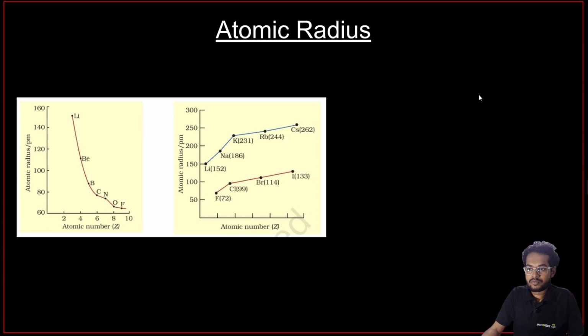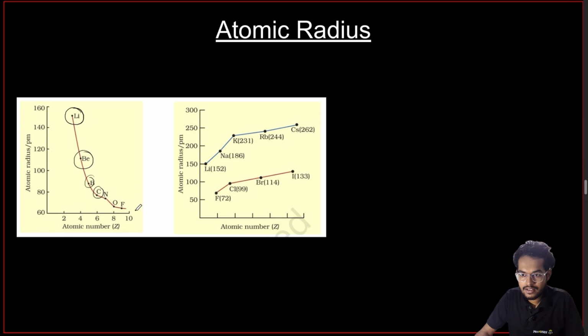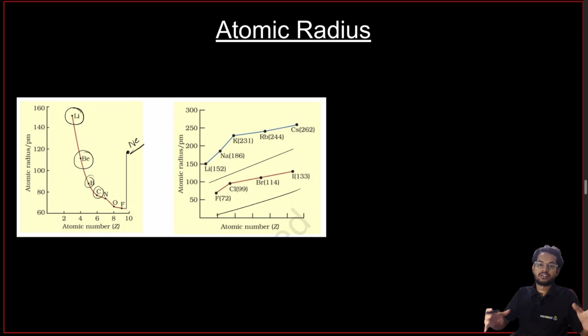You can see it from here. This is the atomic number and the radius. Lithium is the biggest one, then beryllium, boron, carbon, nitrogen, fluorine, and suddenly it will take a peak at neon. As you can see, this one and this one we saw in the previous chart.